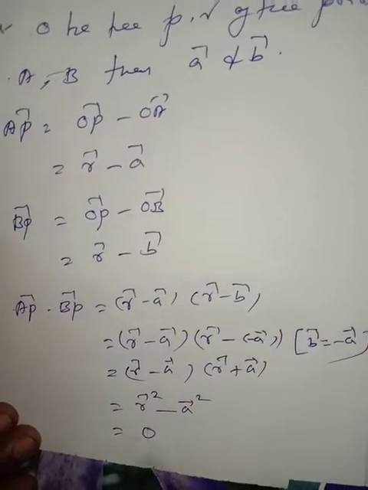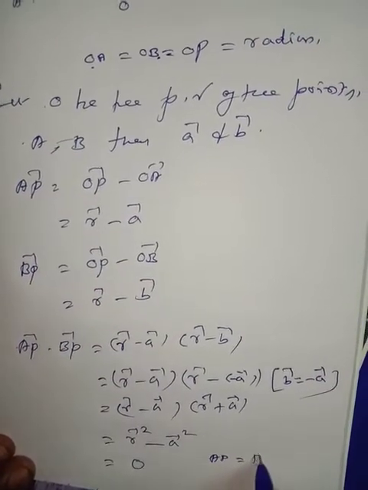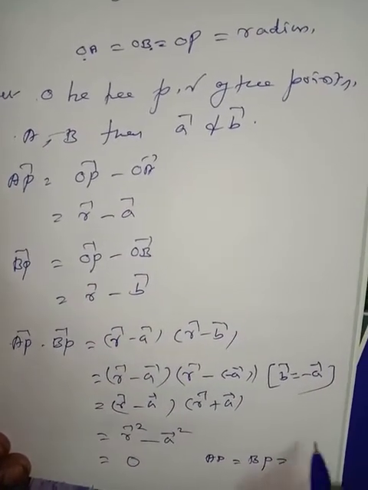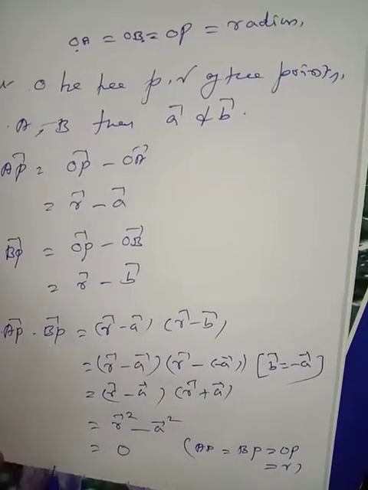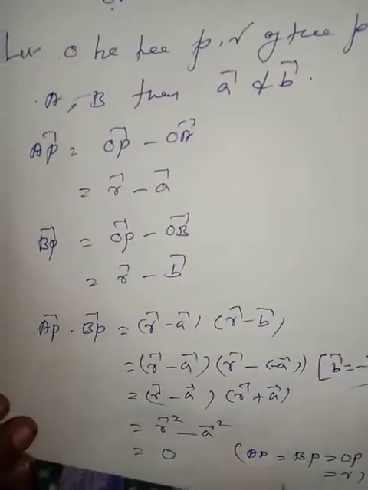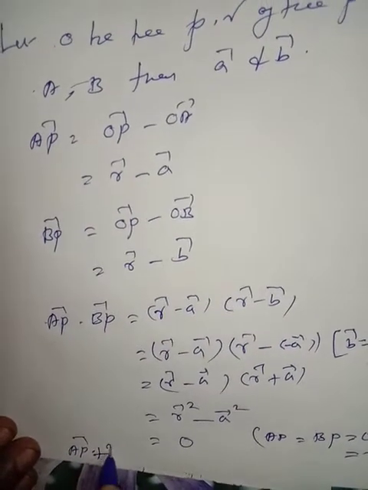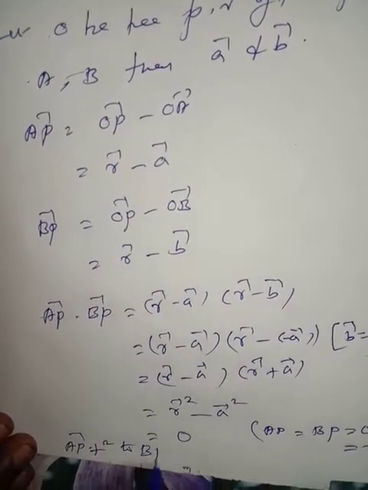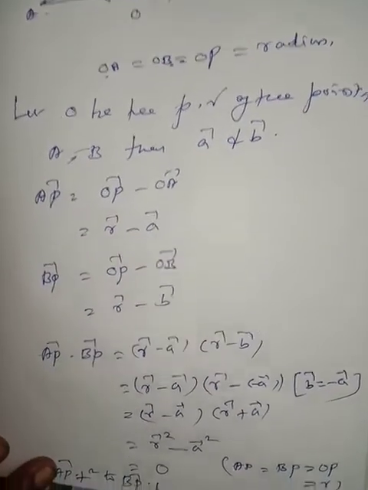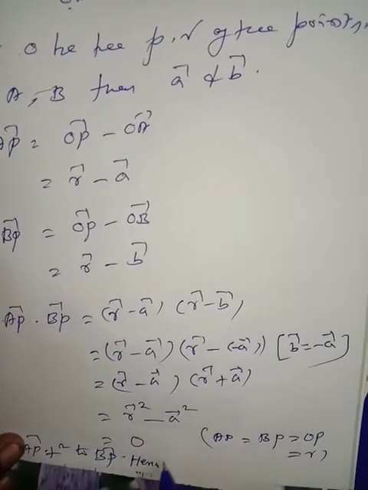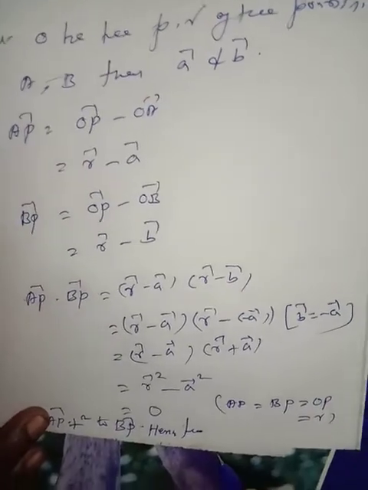This means 0. Why? AP is equal to BP is equal to OP. All are radius. Therefore 0. This length must be equal to this length. Now AP vector is perpendicular to BP vector. Hence the angle subtended in a semicircle is a right angle.